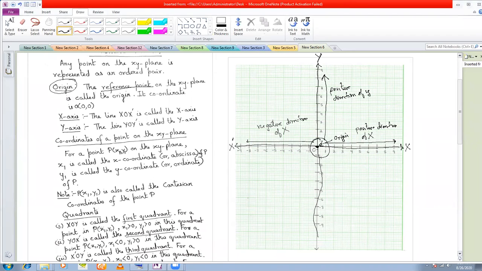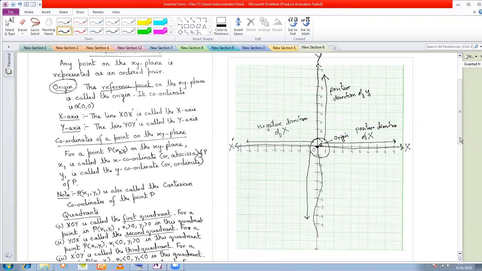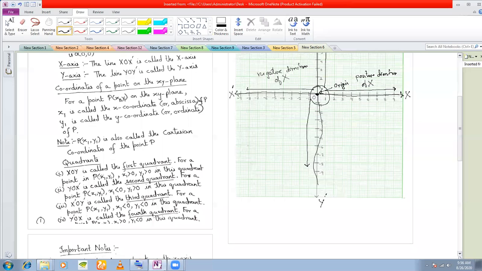And from the origin, if you are moving towards this line, then this direction is the y dashed direction, or the negative direction of y.